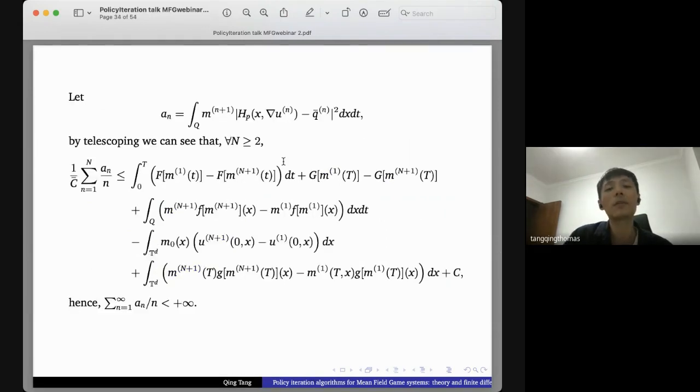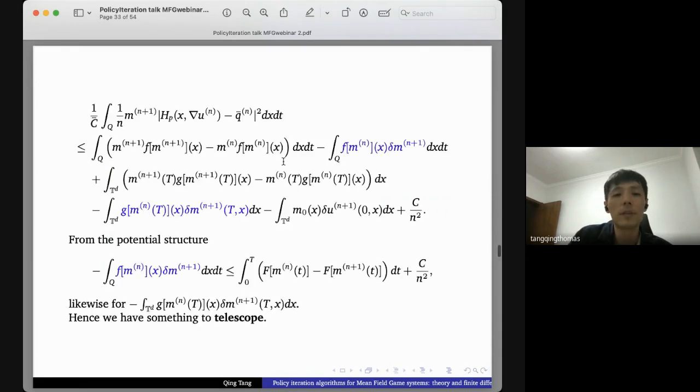So if I define an as this one, I can telescope and I have the following estimates, and then I know that this sequence is convergent. I have a convergent sequence, and then I know an tends to 0 from the previous lemma.